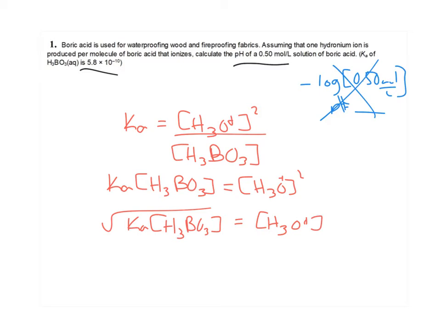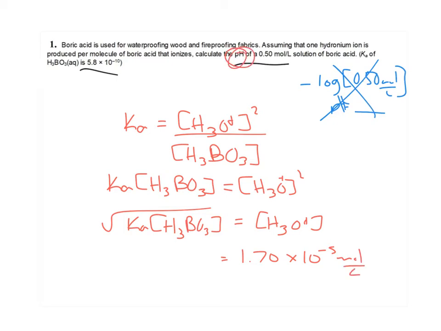So Ka is 5.8 times 10 to the negative 10 times my original concentration of 0.5, and then I square root it. So my hydronium ion concentration is 1.70 times 10 to the negative 5 moles per liter.